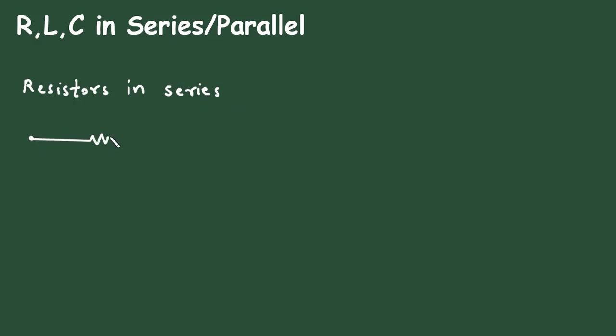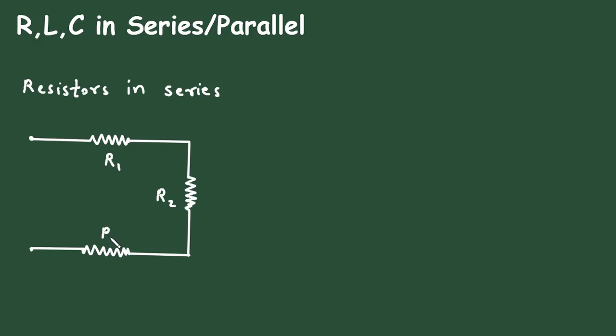So let's take three resistors in series. Let's say this is resistor 1 with resistance R1, this is R2 and this is R3, and these are the two terminals, and here its equivalent resistance is given by Req.